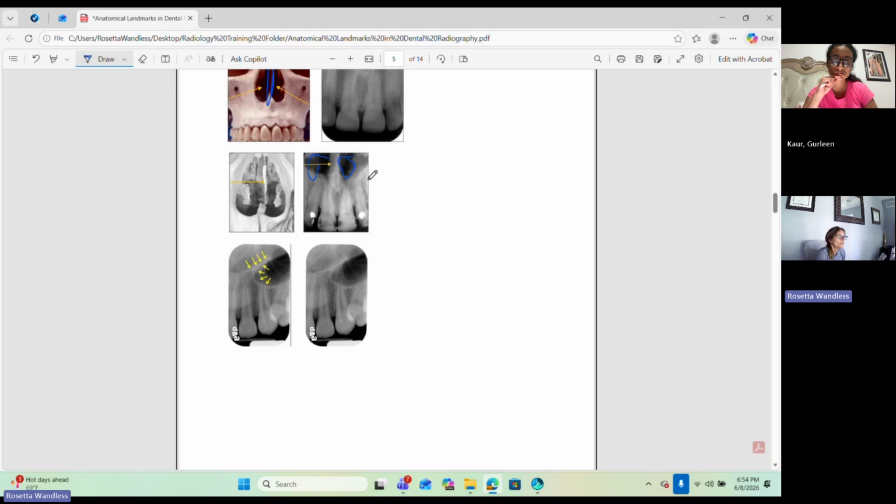Again, that's what we're looking for. And you can see ever so gently this radiopaque line. Anytime we have a floor or the bottom of a sinus, we're always going to have that thin line of radiopaque because that's the bone.